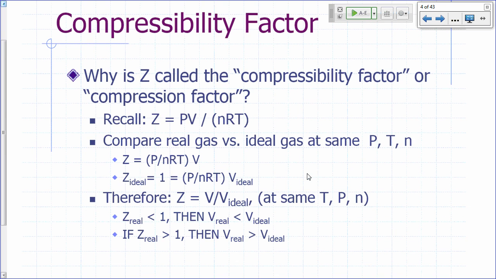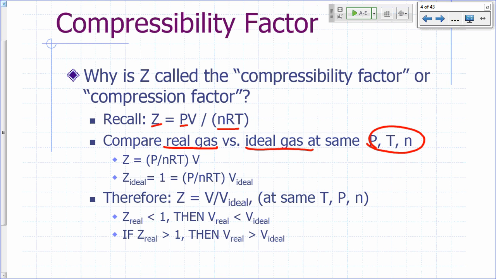All right, so why is Z called the compressibility factor or the compression factor? Well, let's see. Z is equal to PV over nRT. So let's compare an actual gas, a real gas, with the gas if it were behaving ideally at the same pressure, temperature, and number of moles. Let's compare the volumes.